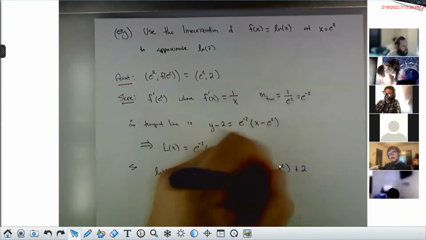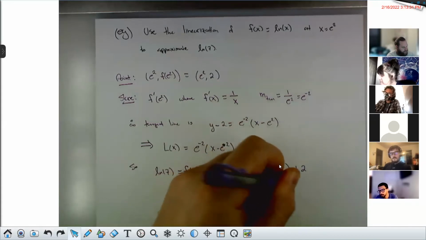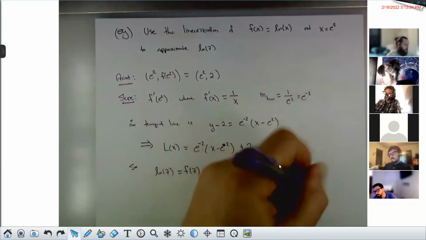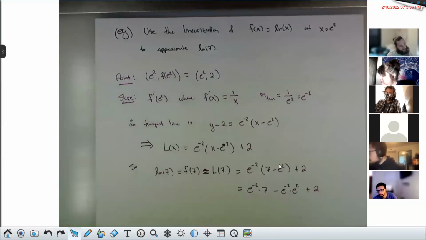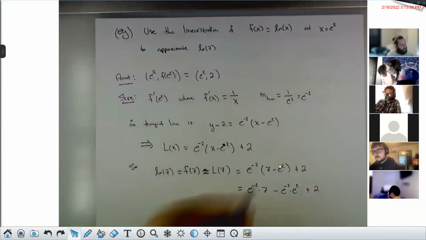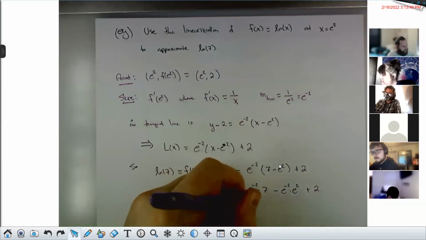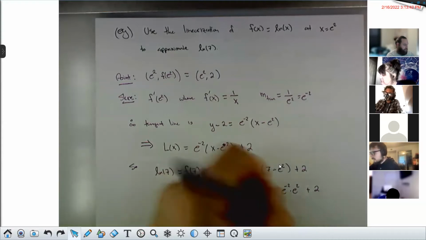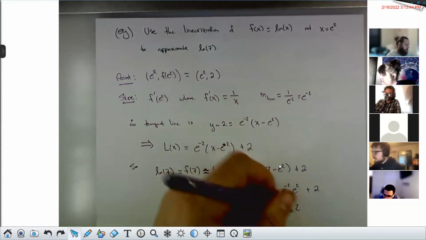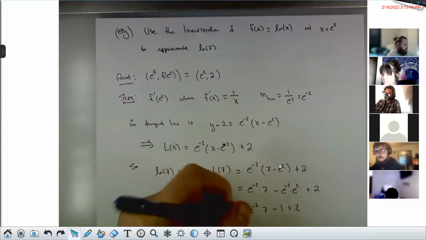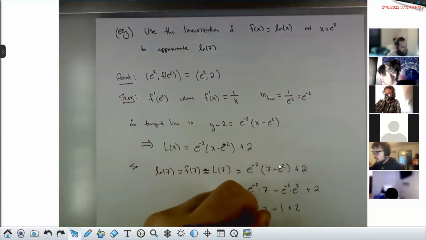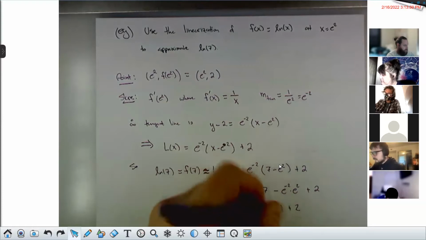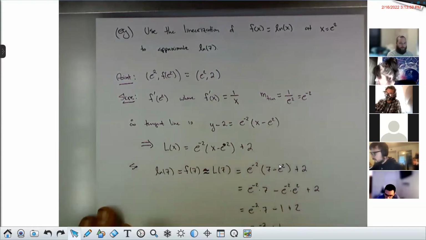E to the negative 2 times e to the 2. Plus 2. And this product is 1. So in other words, this is 7 times e to the negative 2 plus 1.